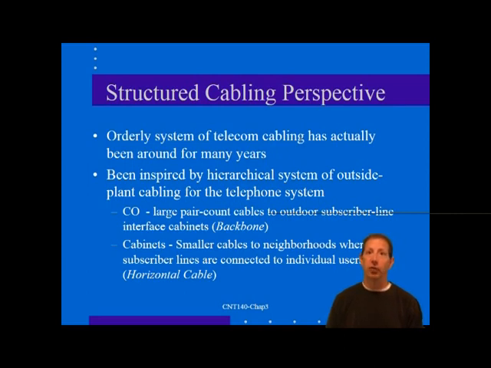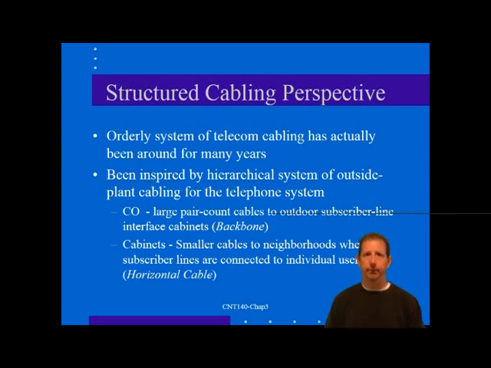Now, inside the central offices, similar hierarchies of main intermediate distribution frames fan out to the connections to the central switch. Finally, between these wiring centers, a network equivalent of the backbone cables will then interconnect central offices and ultimately the long-distance system, which is the public switched telephone network.